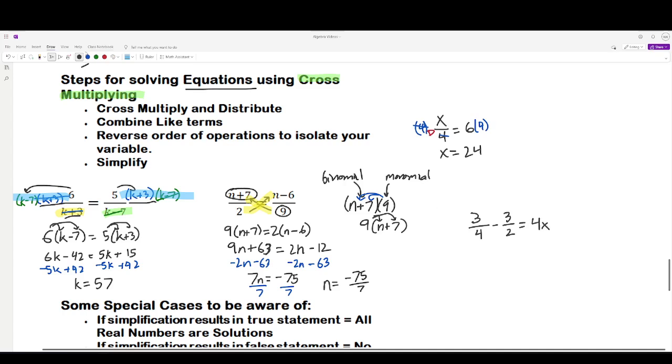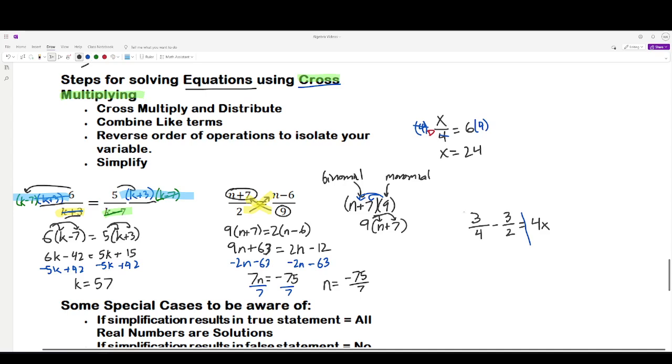What students sometimes try to do is cross-multiply this thing over here, which is not a thing we can do. The whole idea of cross-multiplying is it has to go across the equal sign. That's the cross part. If it doesn't cross the equal sign, then all you're doing is collecting like terms, and you need to have a common denominator to do that. We talked about that in the review videos.